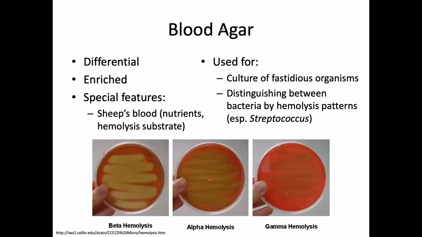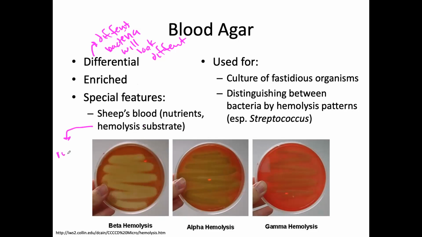Blood agar is differential media, so that means different bacteria will look different on the plate. It has sheep blood in it, and this provides nutrients for bacteria that can do hemolysis, meaning what?